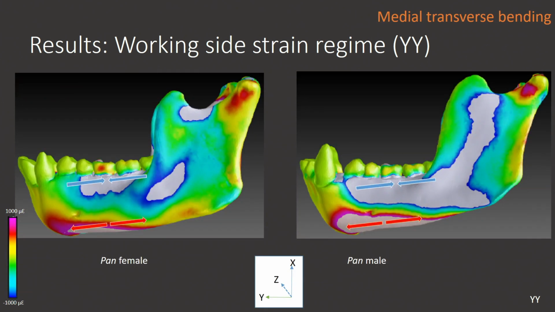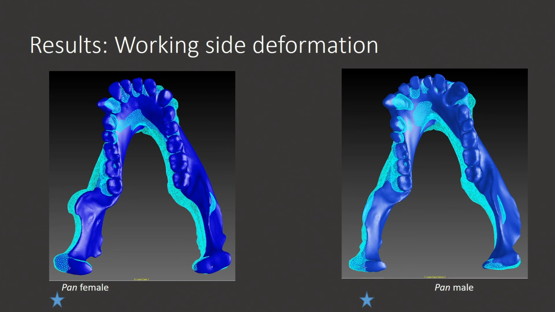So what might explain the diffuse compression on the buccal aspect of the posterior corpus and ramus? If we look at the deformation again, it can help us to understand that. The working side corpus and ramus are being pulled medially by the laterally directed components of the balancing side muscle force transmitted across the symphysis.